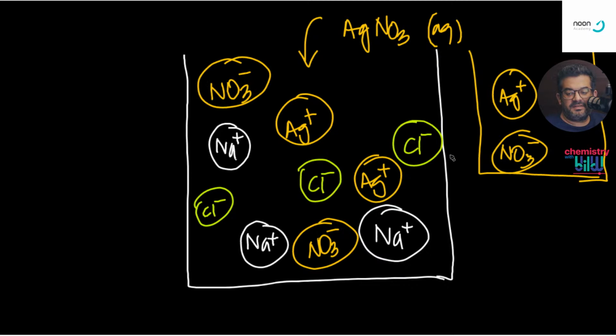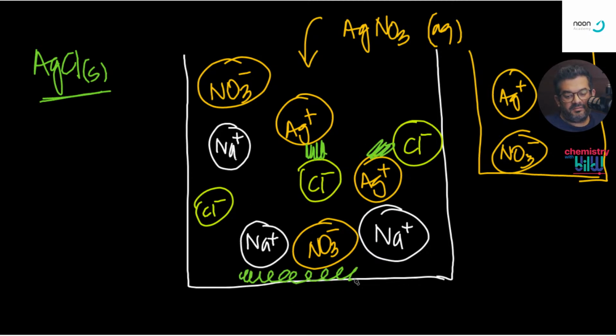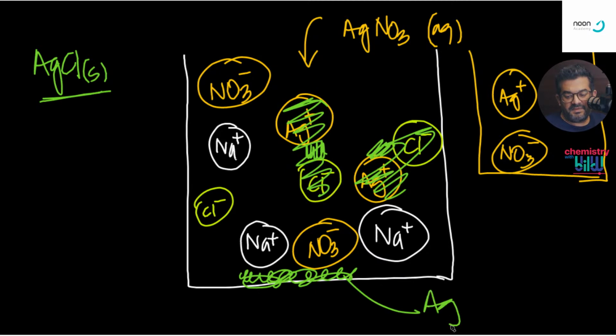Now when you do this, if two ions that make up an insoluble salt meet each other like this, they form a solid at the bottom. They are no longer aqueous, they become silver chloride.